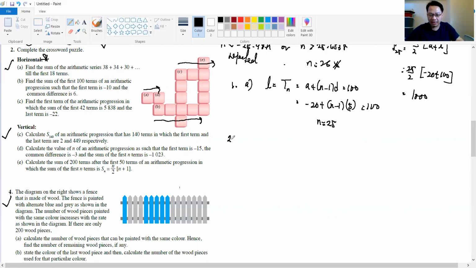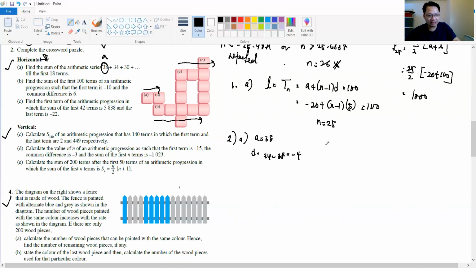Okay, number 2A. Before we find the S18, we need to identify the first term is 38. This is the second term, 34. So the common difference is 34 minus 38, which equals negative 4.